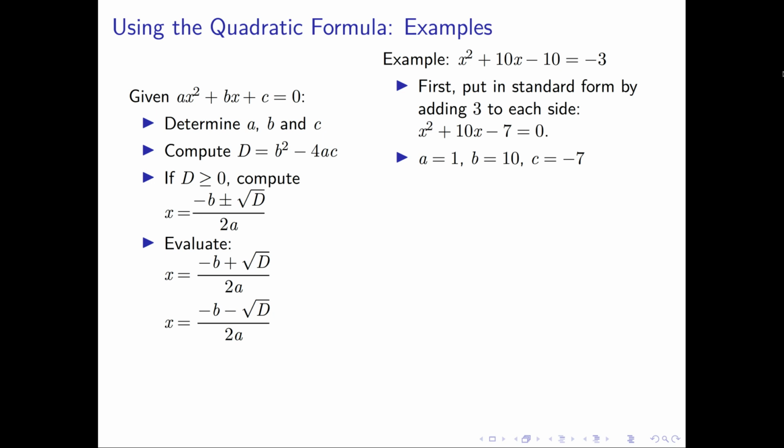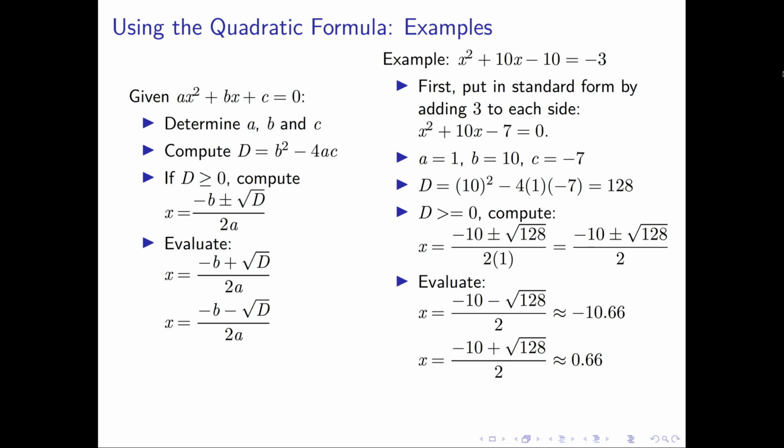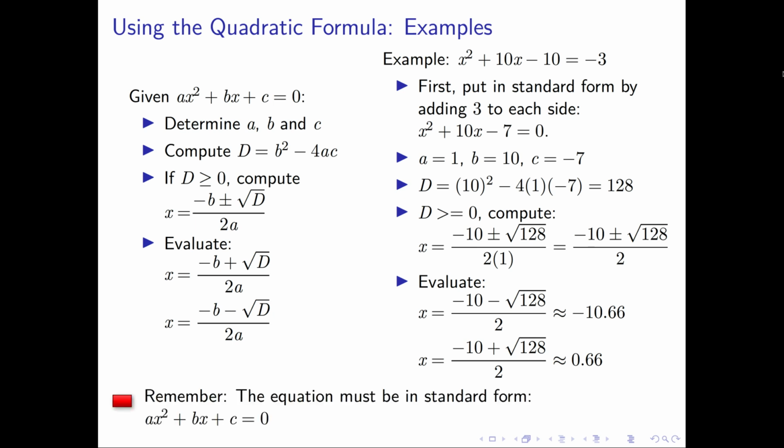Then we see that a equals 1, b equals 10, and c equals -7. We work out the discriminant, which ends up being 128. We do the computation, and we find that those are the zeros. So remember, the equation must be in standard form in order for this formula to work. And this concludes the video.